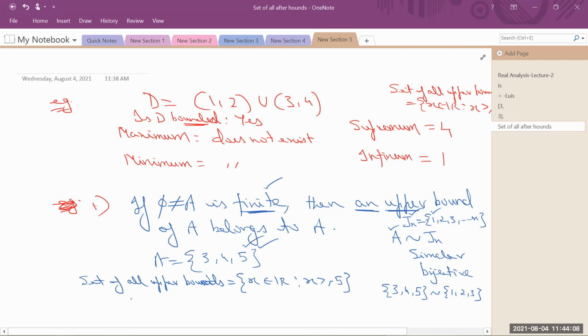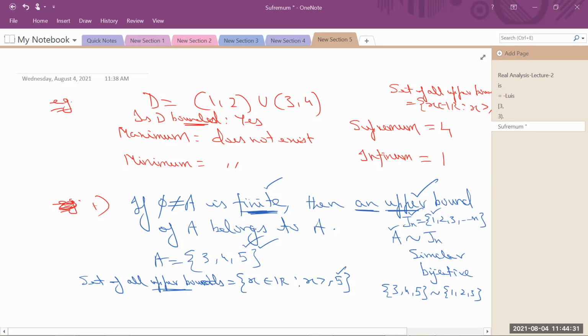Now tell me at least one upper bound which is also from this set. So 5. देखो, सारे upper bound ये है ना तो 5 member है कि नहीं? Whenever set is finite, at least one upper bound will always be member of the set.